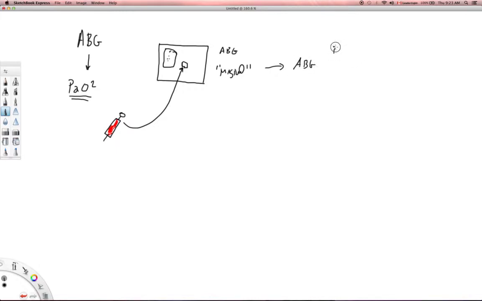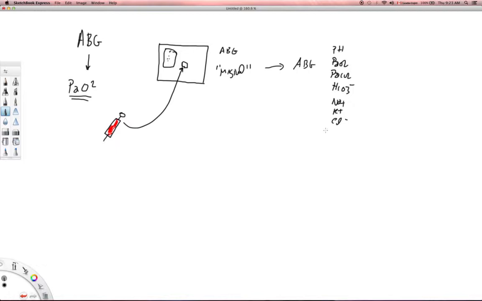On that ABG, it gives you the pH, the PaO2, the PaCO2, and the HCO3, the bicarb. It may give you some electrolytes as well, like sodium, potassium, and chloride.